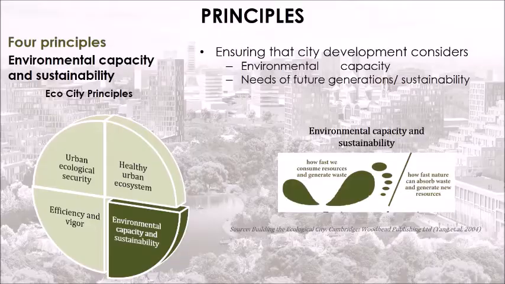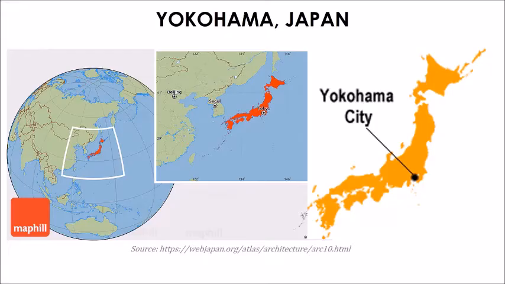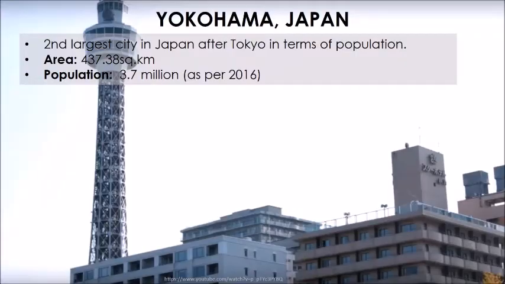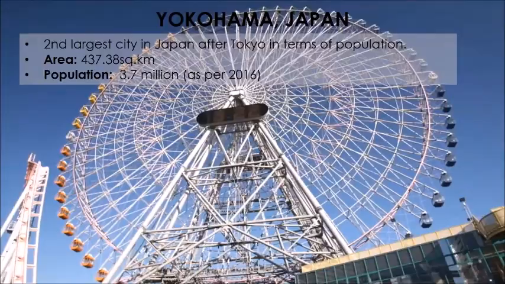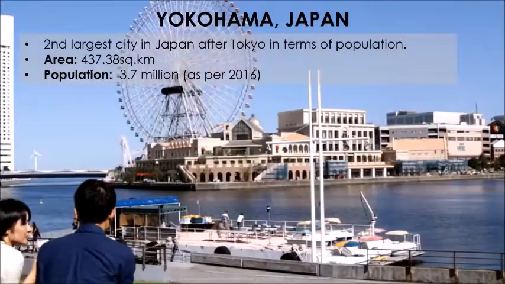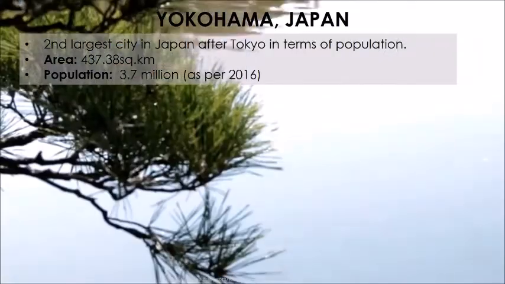Yokohama City in Japan is the second largest city after Tokyo in terms of population, with nearly 450 square kilometers of area and 3.7 million population.